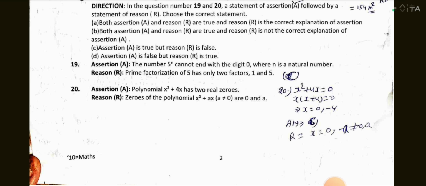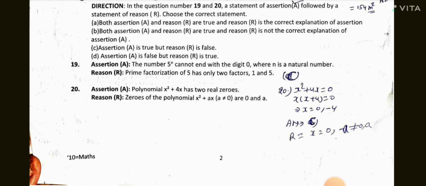But here we have taken the factors of 5 as 1 and 5. In this way we can say that 5 has two factors, 1 and 5. So this reason is also right and the explanation is also right. So the answer should be A. But the right answer is C and also can be A. So both options C and A are acceptable for question number 19.